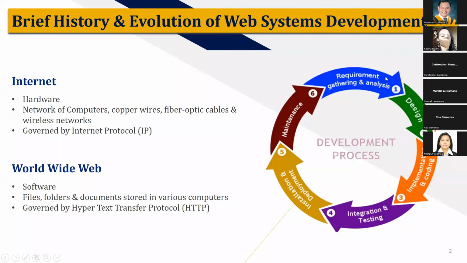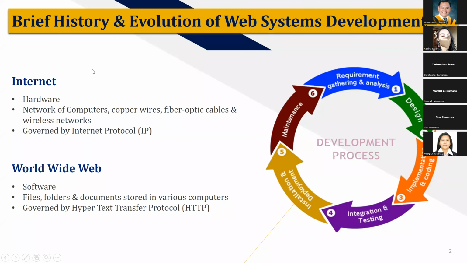This is the very basic concept of web systems development, starting from requirements gathering and analysis, design, implementation and coding, integration testing, installation and deployment, up until maintenance. As you can see, it's a continuous process of the development of web systems.